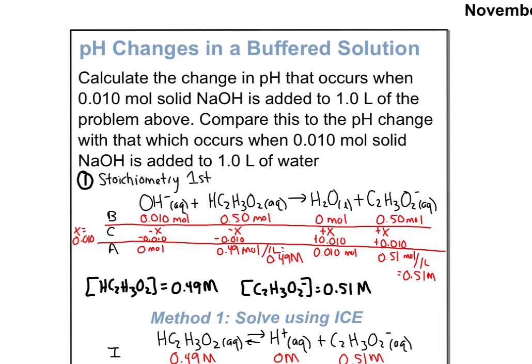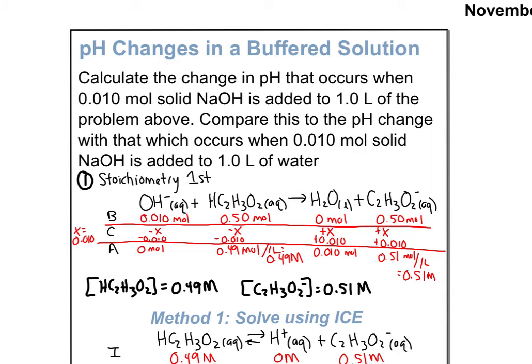So when I do my BCA table, I have my 0.01 moles of the OH minus that we're adding. I'm starting with 0.5 moles of the acetic acid. That was because it was 0.5 molar and it's 1 liter, so I know the moles. I have no water, and then I also am starting with a bit of this conjugate, right?